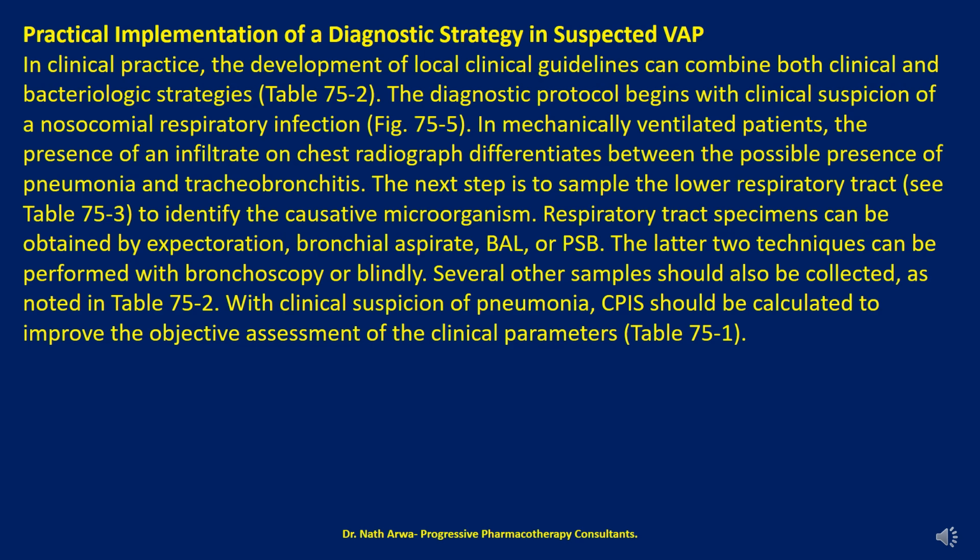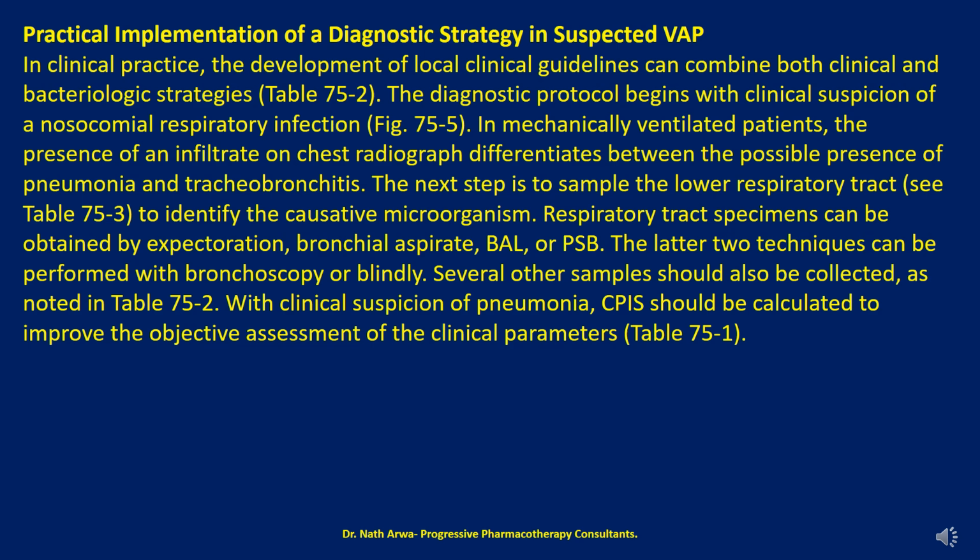In mechanically ventilated patients, the presence of an infiltrate on chest radiograph differentiates between the possible presence of pneumonia and tracheobronchitis. The next step is to sample the lower respiratory tract, see Table 75-3, to identify the causative microorganism.